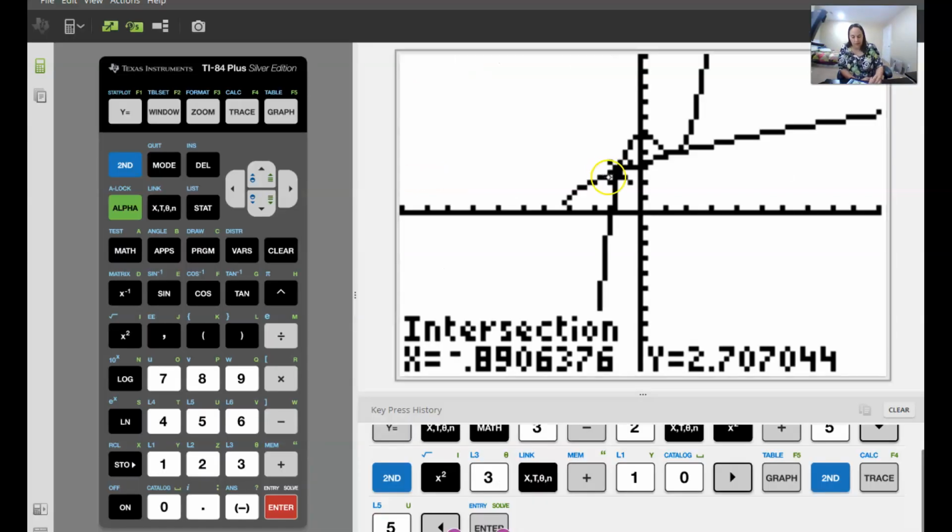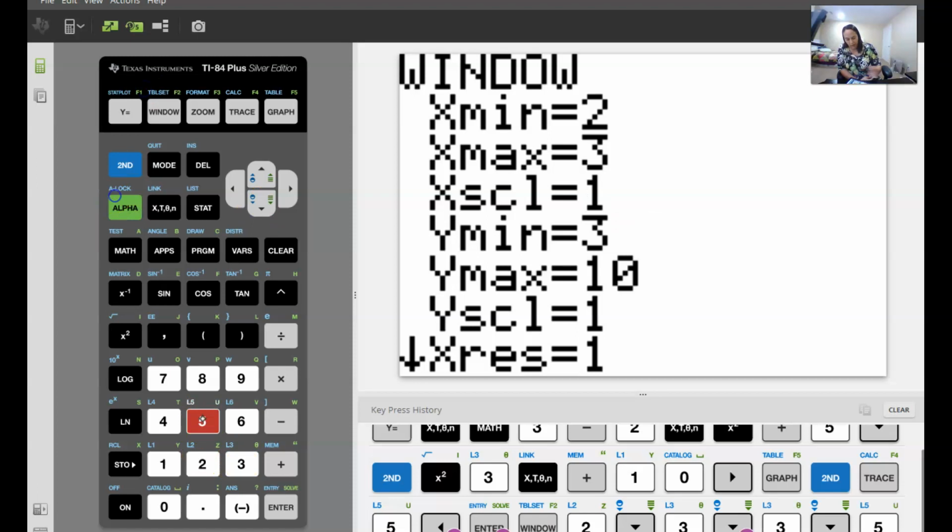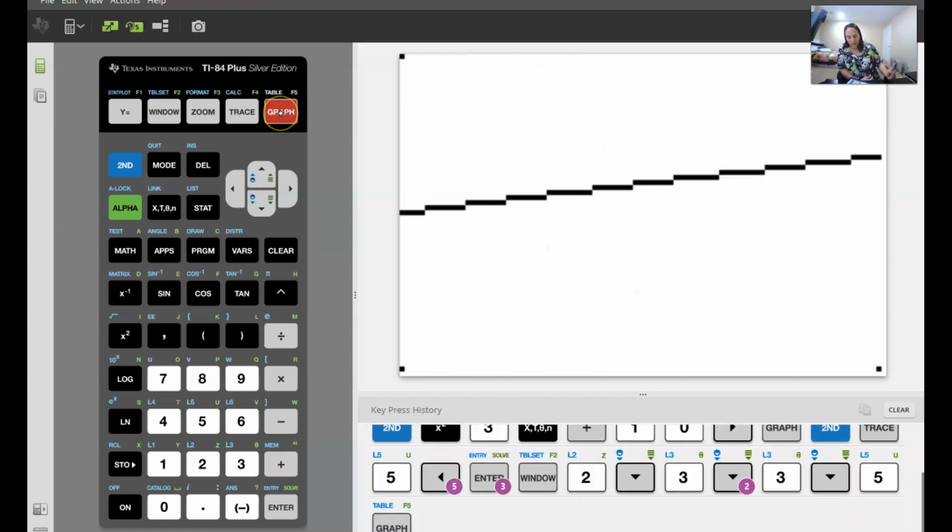Now we go back to our graphing calculator. I'm not sure about this point. That is super, super close. So I'm going to zoom into my window a little bit. I'm going to change my x window from 2 to 3 and my y from 3 to 5. So I hit window, x goes from 2 to 3, and y goes from 3 to 5. To zoom in on this and look at it a little better.